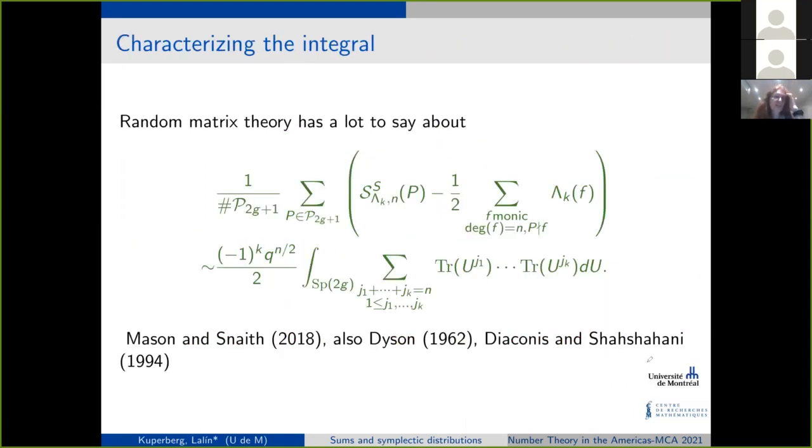And so let me just say a few words about what we can say about the integral. Random matrix theory has a lot to say about this other integral, the one that we have in our theorem, which is the square of the sum of traces. There are lots of results from different points of view working with just the sum without the square.